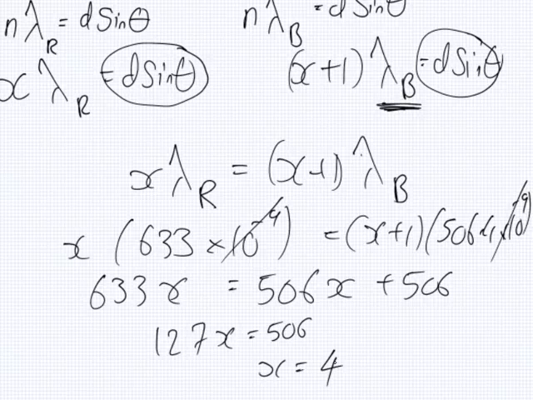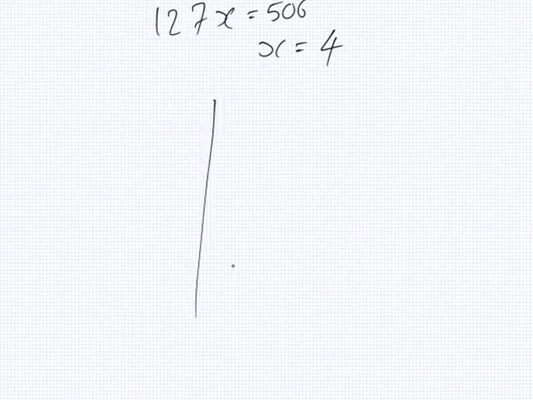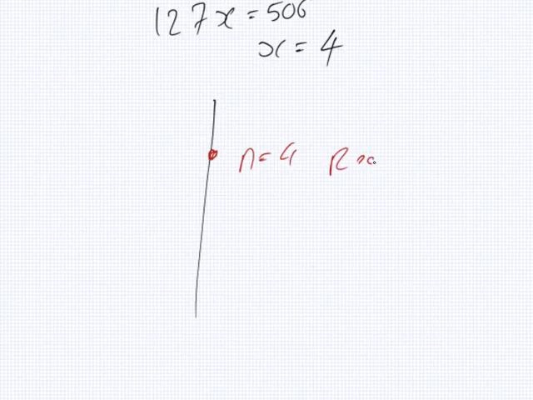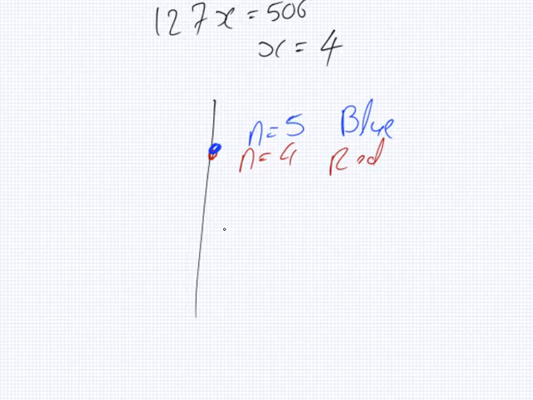So what that means is that when you look at the n equals 4 for red light, that would be in the exact same spot as the n equals 5 for blue light. So they coincide there.